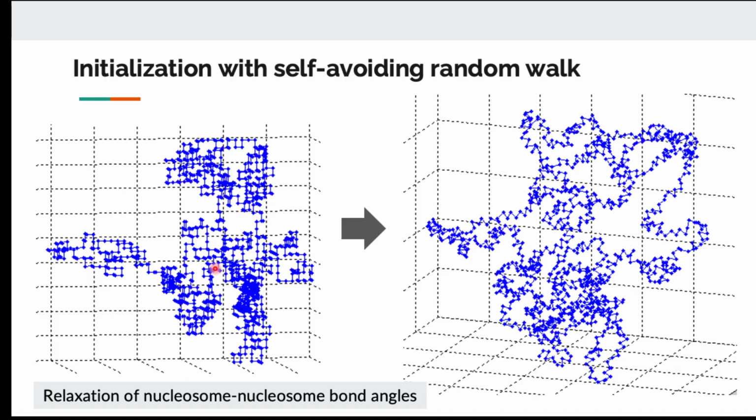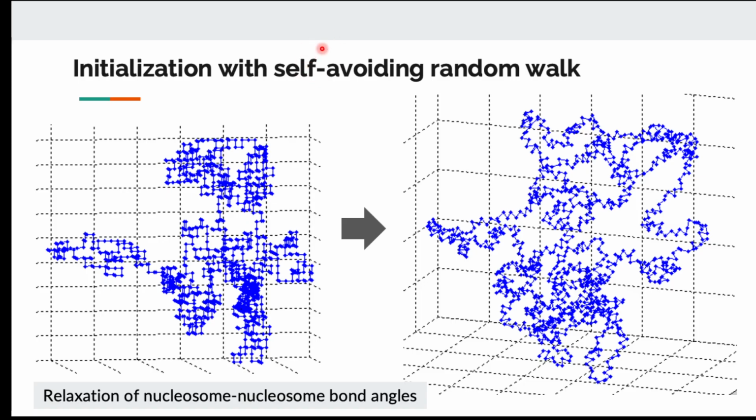We can also initialize, generating a random guess of the structure for the DNA, by using a random walk. So we start from nucleotide number 1, or in this case, nucleosome number 1. We can pick the direction in 3 dimensions at random, either plus x, minus x, plus y, minus y, plus z, minus z. We generate the initial structure randomly.